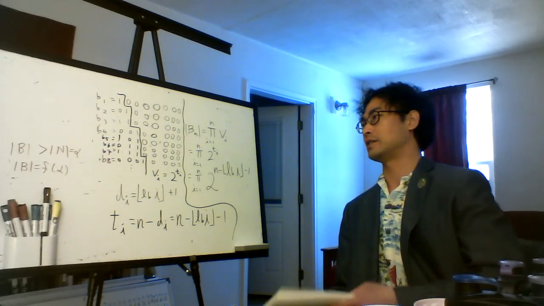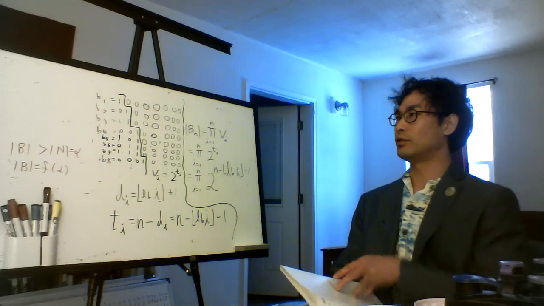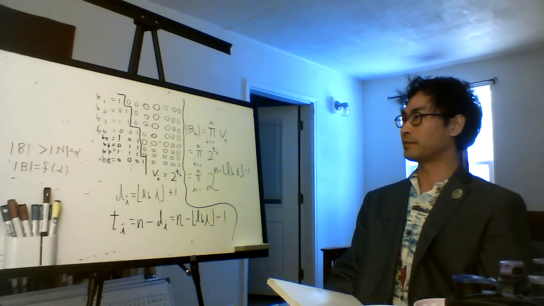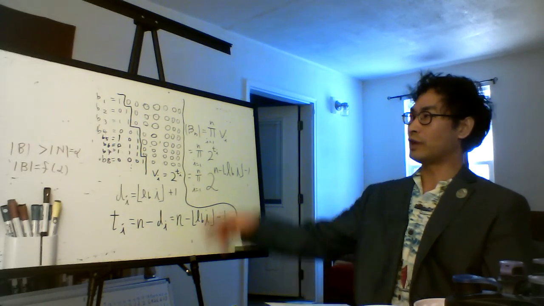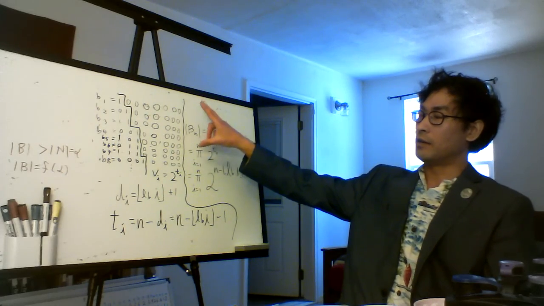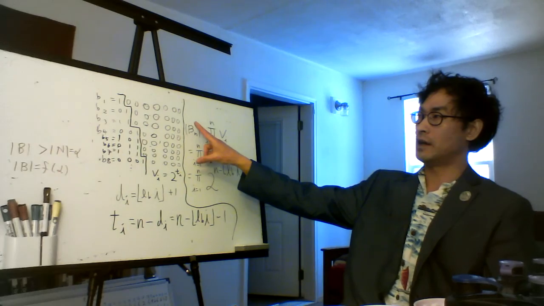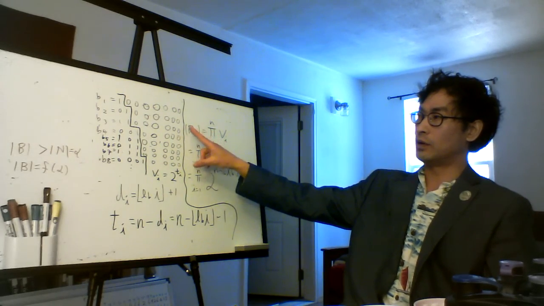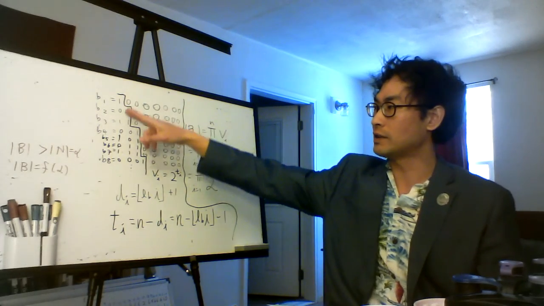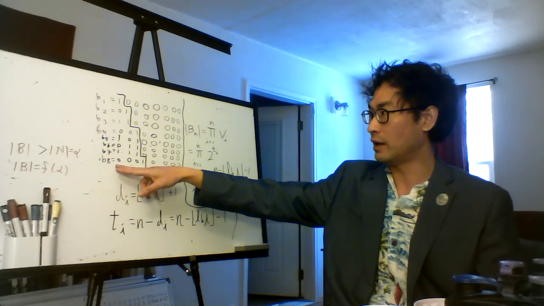How big is it compared to n numbers? So we have an n by n matrix, currently 8 by 8, all right? So the vertical size is n.